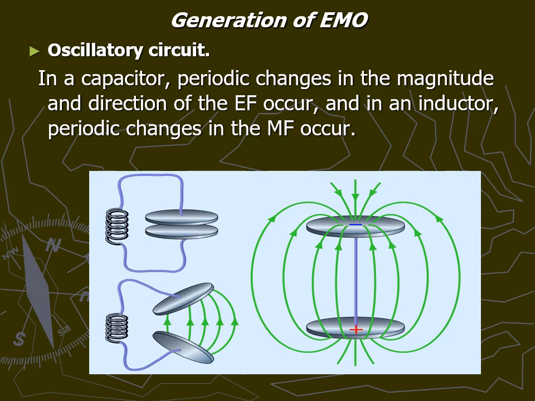In other words, we already have such an oscillatory circuit as a source of oscillations that will propagate in space. In this case, it can also be noted once again that in the capacitor we have the formation of electrical oscillations that change in direction and magnitude. In the inductor, the magnetic field also periodically changes in size and direction.